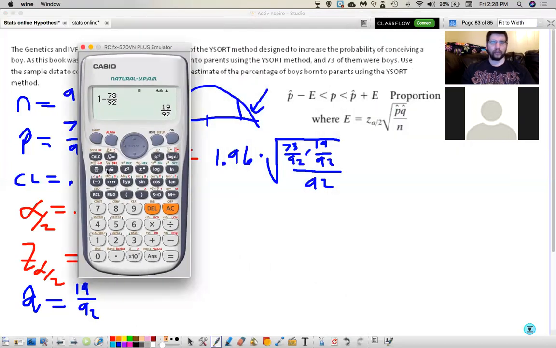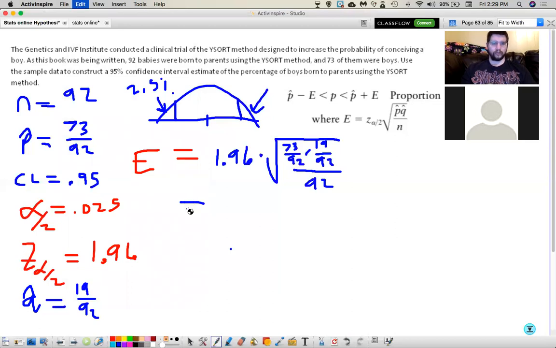TI users, again, you've got a little cheat for this. 1.96 times the square root, fraction inside of fraction. And I believe that's right. 73 over 92, 19 over 92, 92, yeah. I'm going to go ahead and store that value because I'm going to use it a couple times. Store it to A.